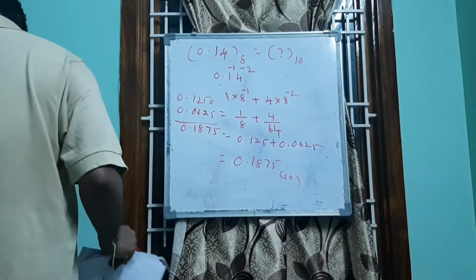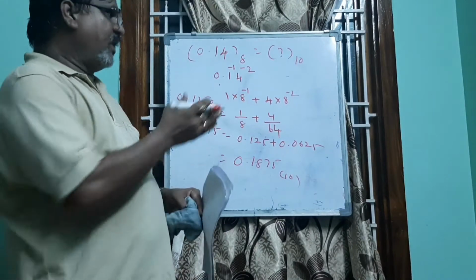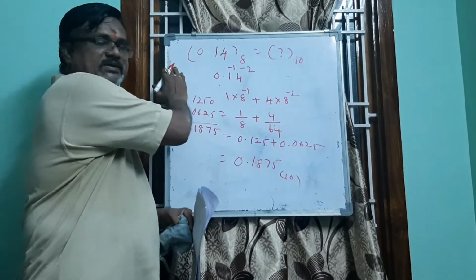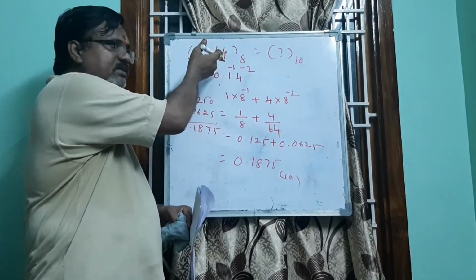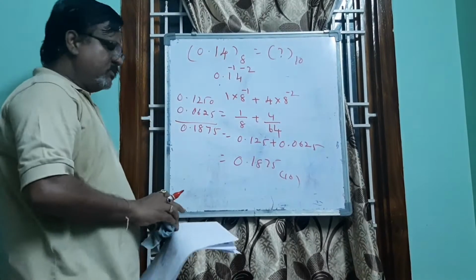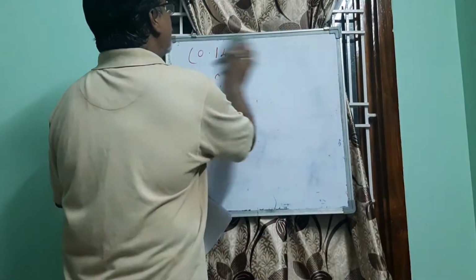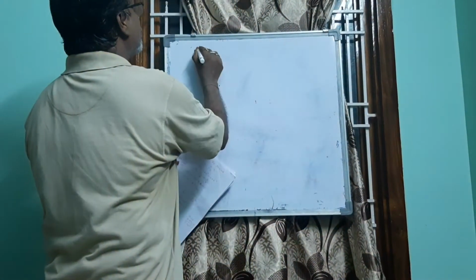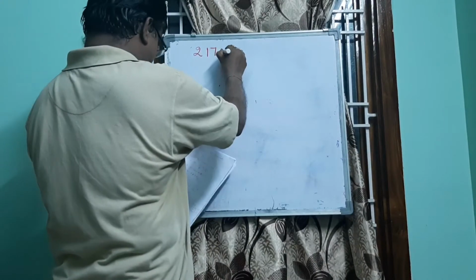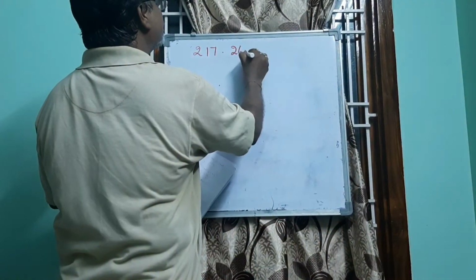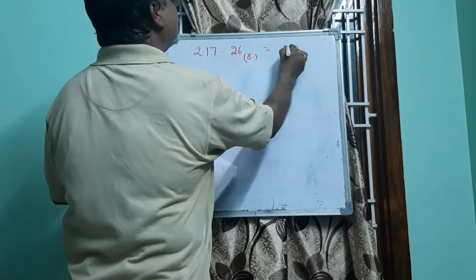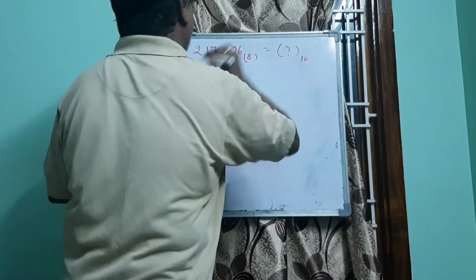We take one more example that contains both the integer part and the fractional part, same octal to decimal. Here 217.26 base 8 is equal to base 10.